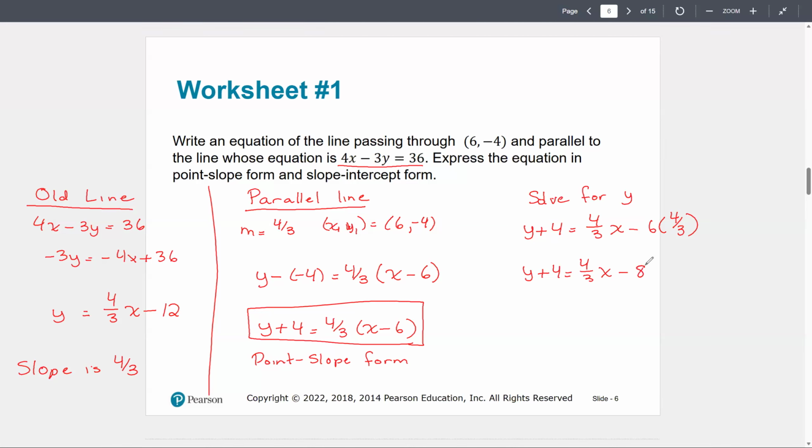So this is just going to be -8. Now we subtract 4 from both sides. We get that y is equal to 4/3 x minus 12. So silly enough, we actually just got the same line back. Still, technically, it's a parallel line.